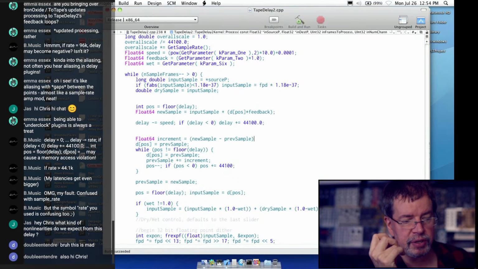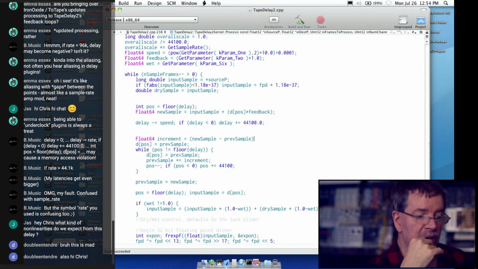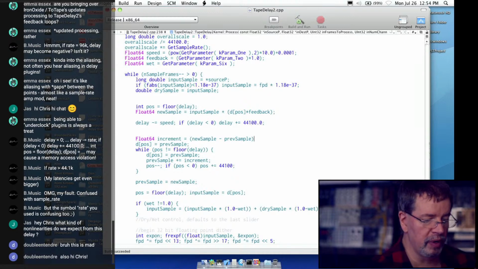So increment is new sample minus previous sample. If increment needed to be exactly 1 to get us from the one to the other. So if speed is larger, then we divide it.